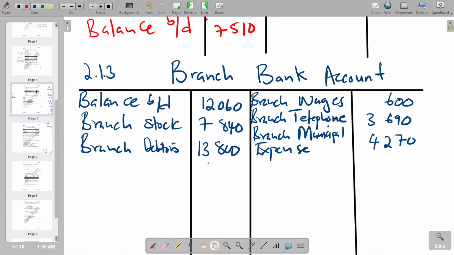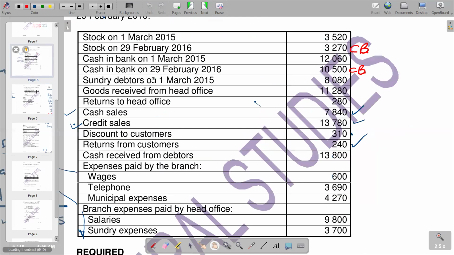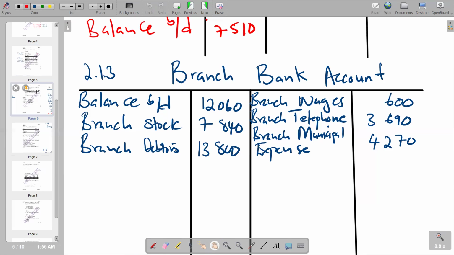So on the branch bank account again, we try to see if we have a closing balance of the branch bank account. We come here, we see that we have got a closing balance of 10,500. So it's going to be a CD, which obviously will come to the opposite side on the branch bank account.